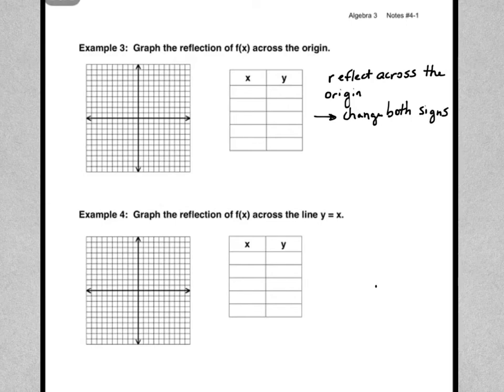So again, we're going back to the original function, the very first one on the other page, and change both of the signs from what they were. So negative 6 becomes positive 6, and 7 becomes negative 7. And go ahead and fill out the rest of the chart.